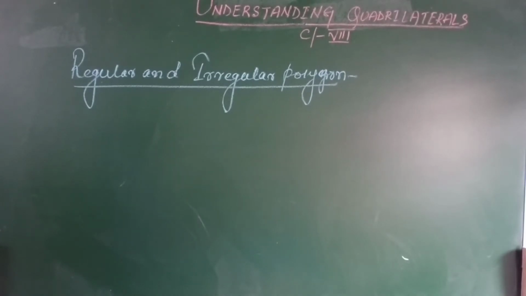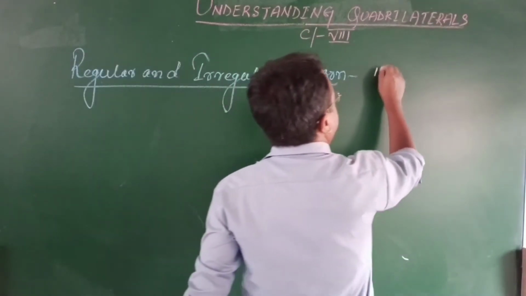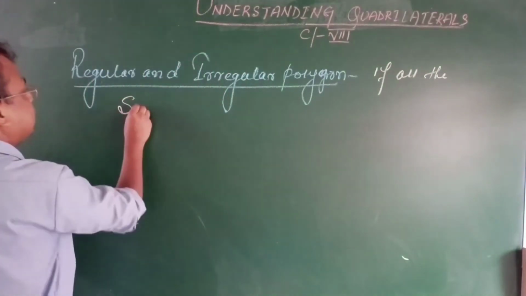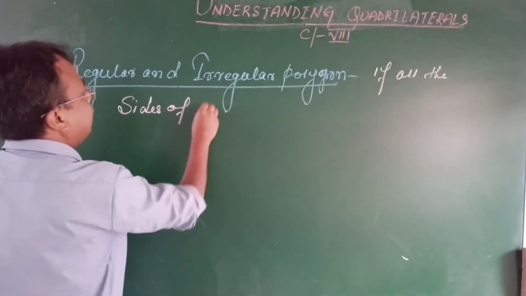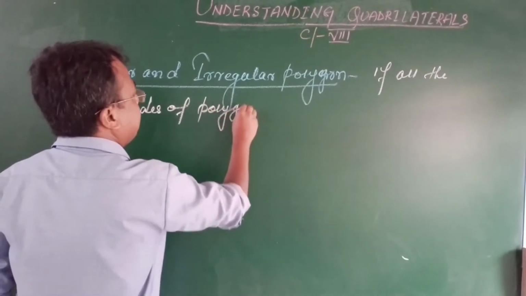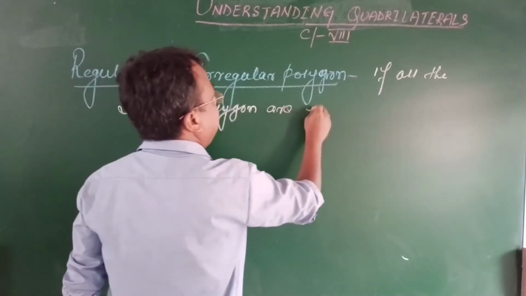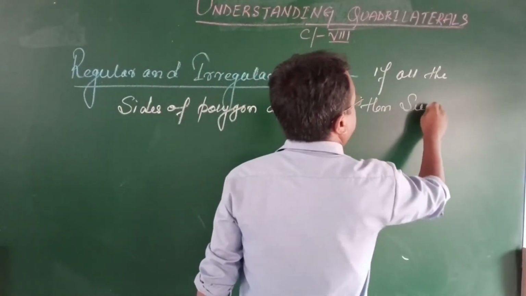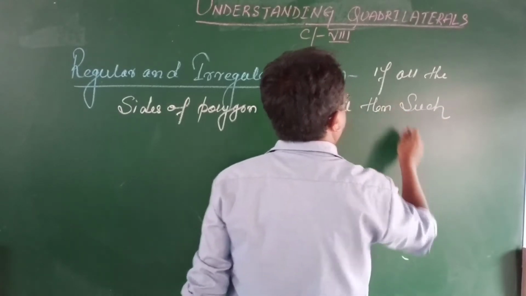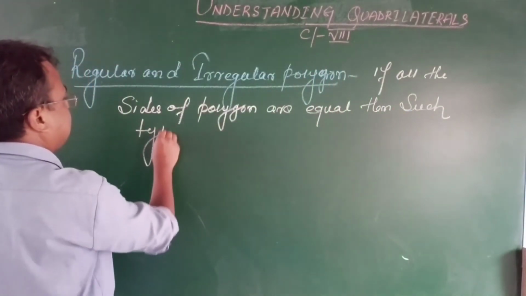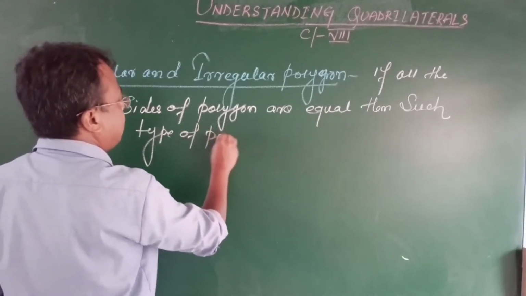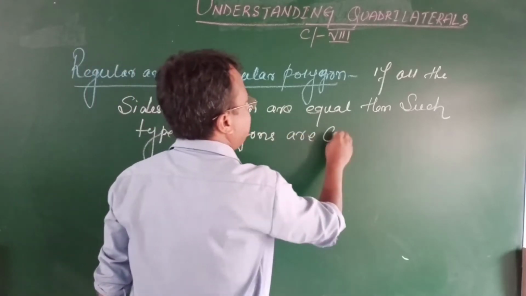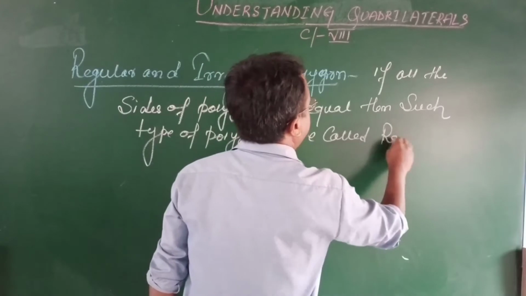Let us try to write the definition of regular polygon. If all the sides of a polygon are equal, then such polygons are called regular polygon.